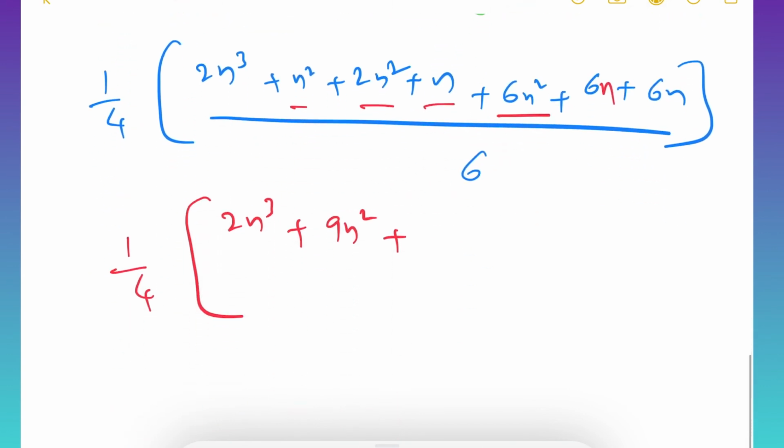Okay, n plus 6n is 7n, 7n plus 6n is 13n, whole divided by 6.